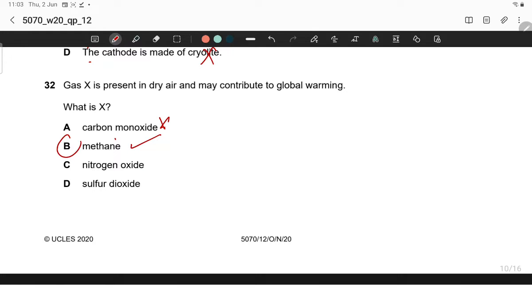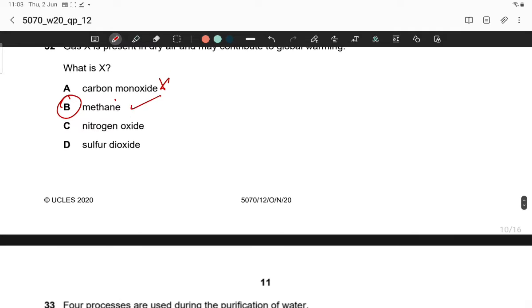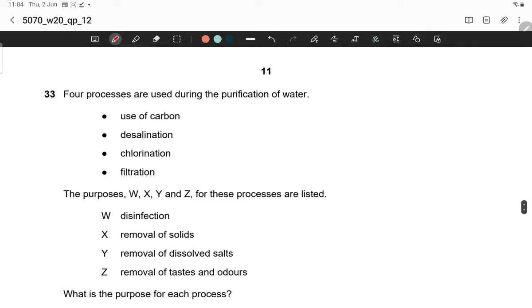Yes, methane gas is a greenhouse gas. Methane gas in air may contribute to global warming. Nitrogen dioxide causes acid rain, so it is also incorrect.